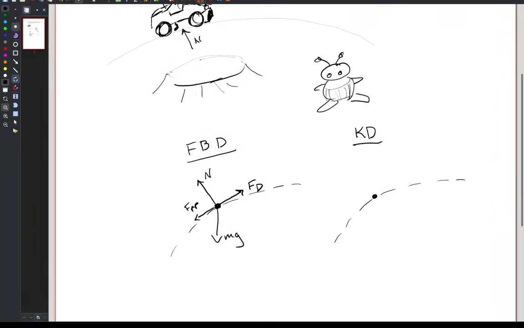Cool. What about our kinetic diagram? What does that look like? Where's ma pointing? Do we have an acceleration? No? If you're on a curve, changing direction, would that count as acceleration? So that is acceleration, inward to the center. Center-seeking acceleration, centripetal. Yeah.